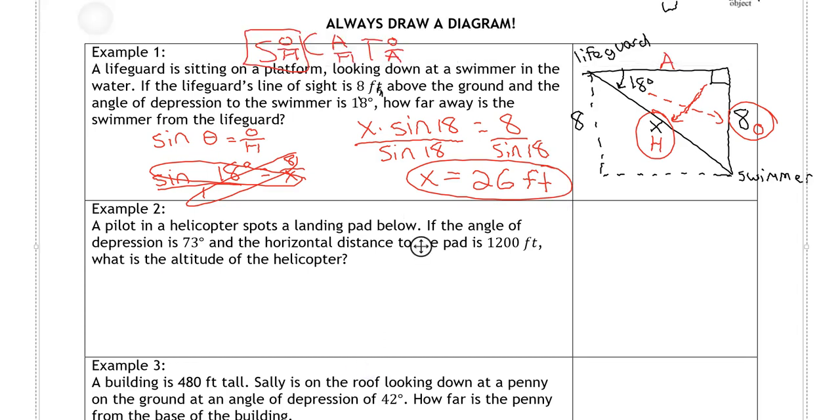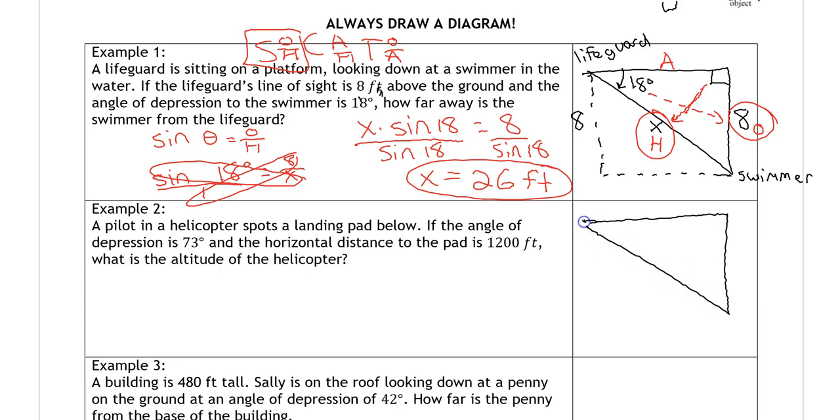Alright, let's look at example 2. A pilot in a helicopter spots a landing pad below. If the angle of depression is 73 degrees and the horizontal distance to the pad is 1,200 feet, what is the altitude of the helicopter? So here's my helicopter, here's the landing pad.